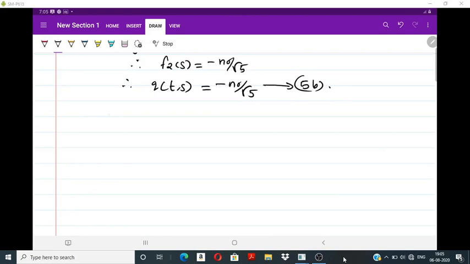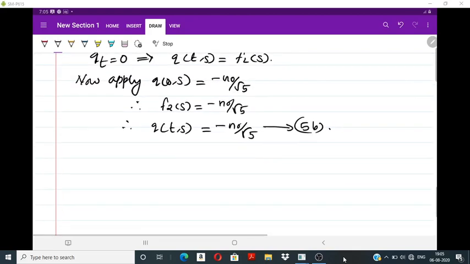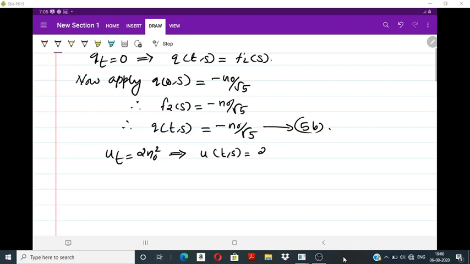And now take the next one, u_t equal to 2 n naught square. Integrating with respect to t, u of t comma s is equal to 2 n naught square t plus some function of s as the arbitrary constant.